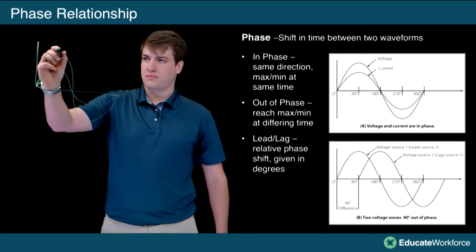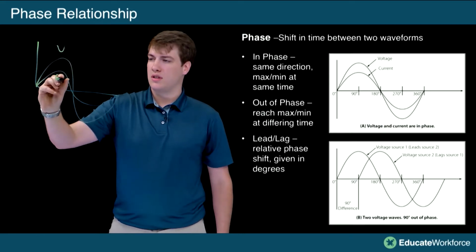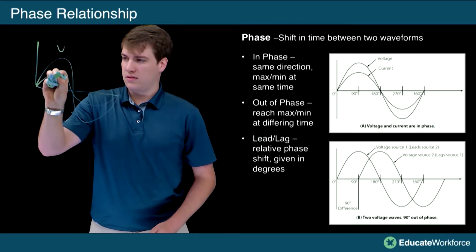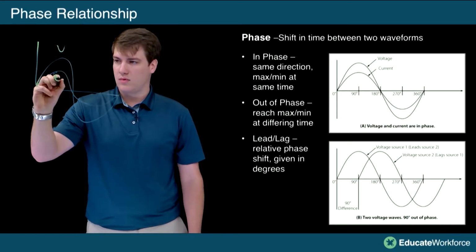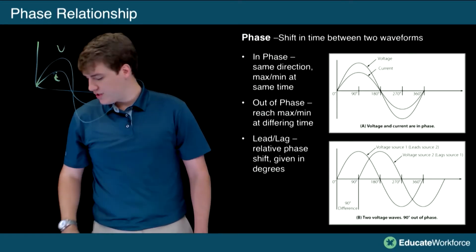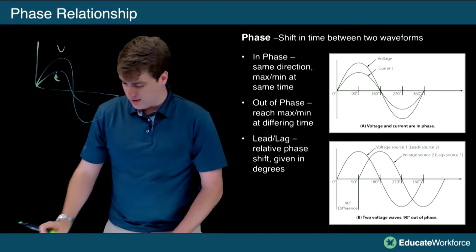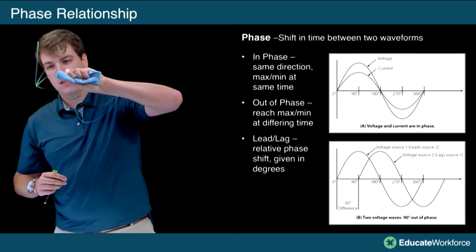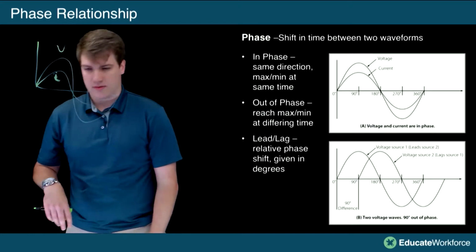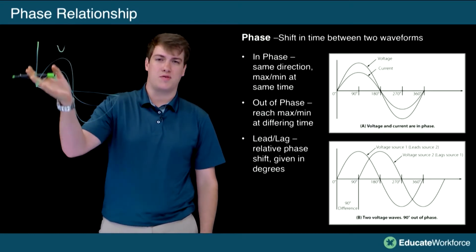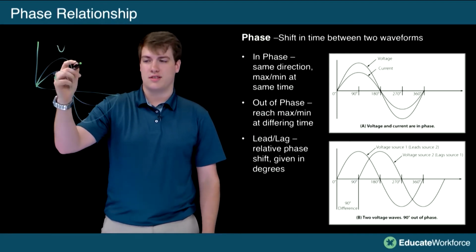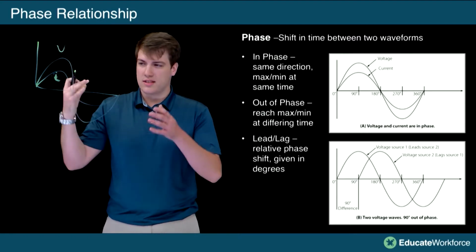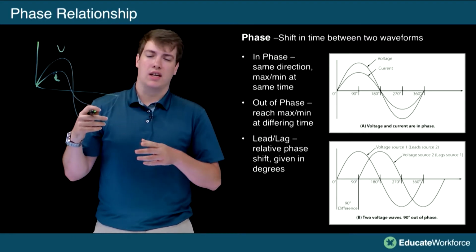But let's say this is our voltage, and this is our current. Ignoring the small mark on the I, we've got 2 waveforms, and basically what this is saying is this: as voltage increases, current increases, and then as voltage decreases, current decreases. This is an example of in phase.